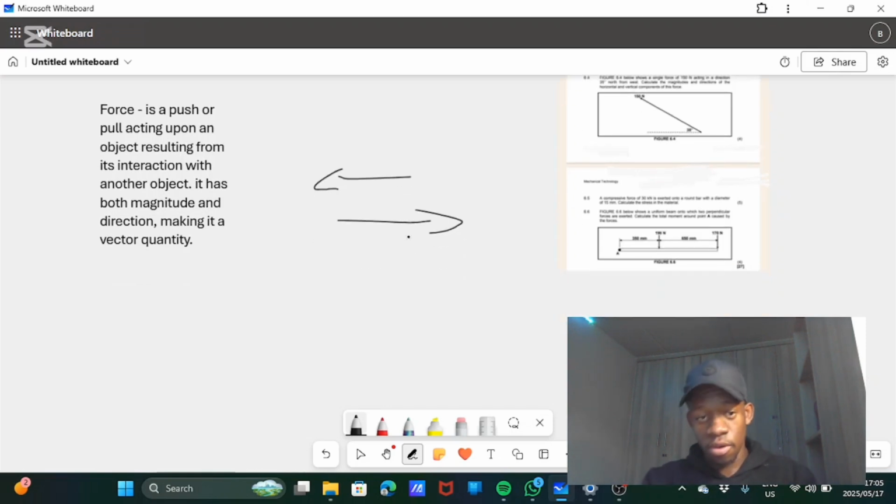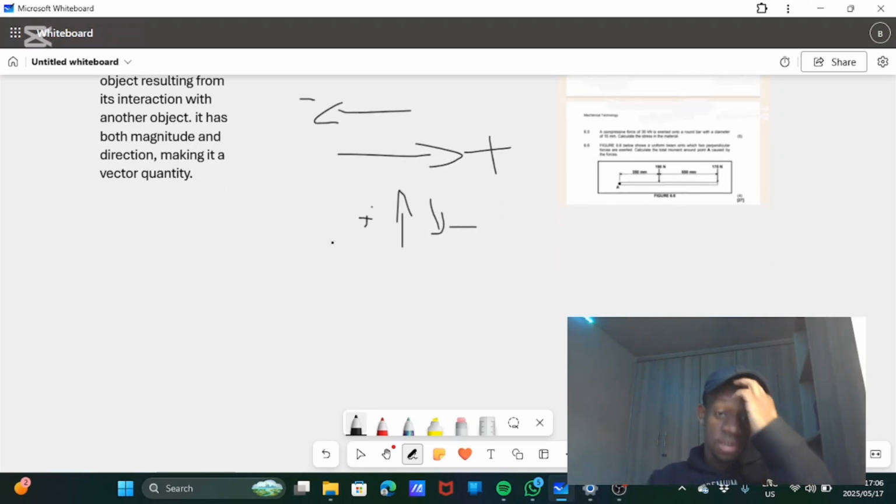There's also up and down. Up is positive and down is negative. So let's take right as positive and left as negative. Okay, let's start with the calculations.